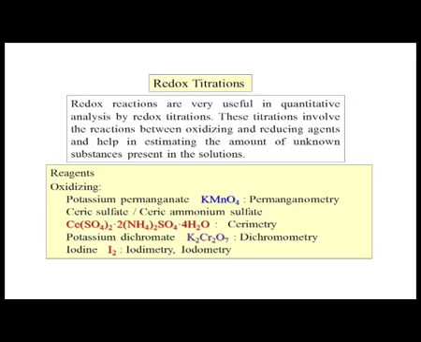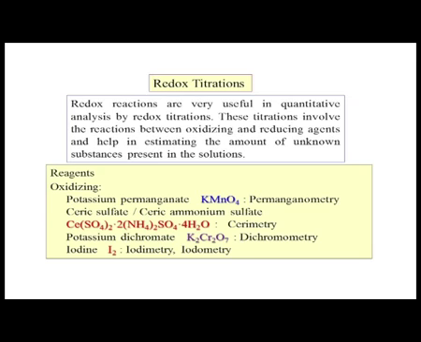Why are we having these 4 examples for redox titrations? Why take so many of them? Because their E0 values are different. One of them can be highly oxidizing and the other is not. KMnO4 is the strongest oxidizing agent among all these, with an E0 value of 1.51 volt, whereas the I2 value is 0.51 only.